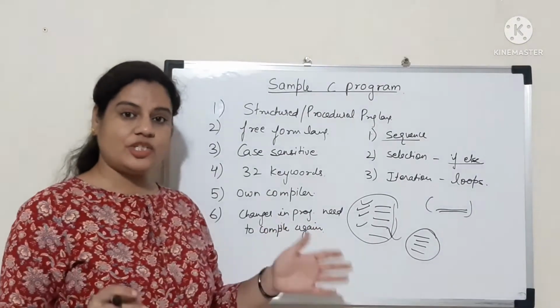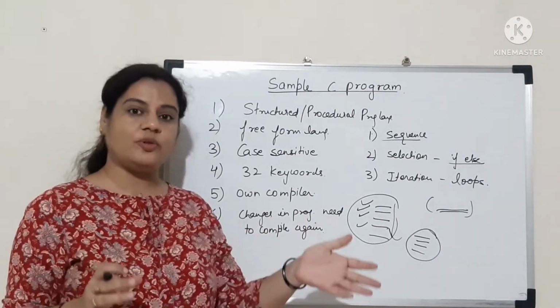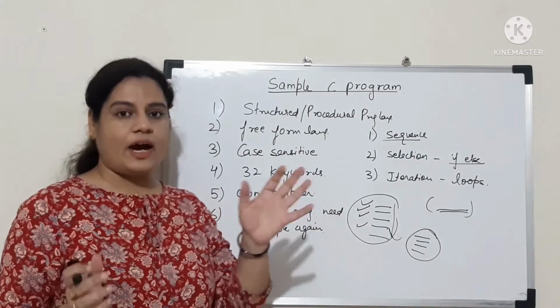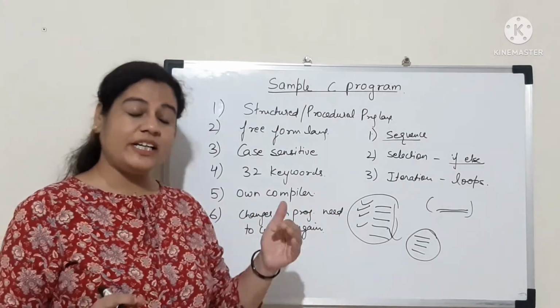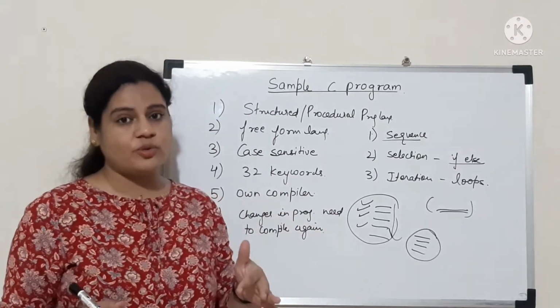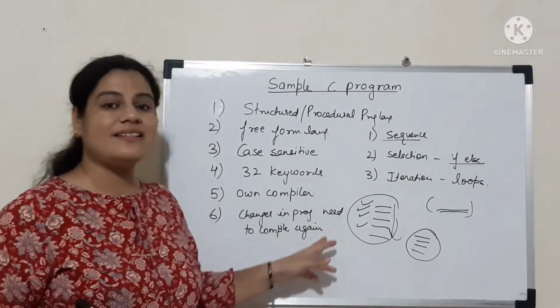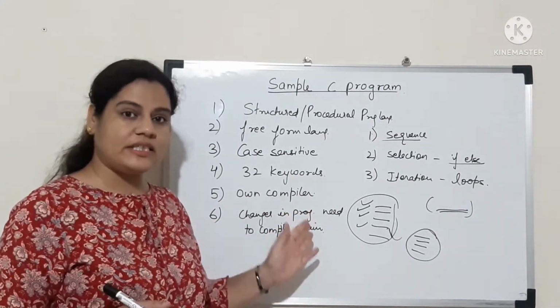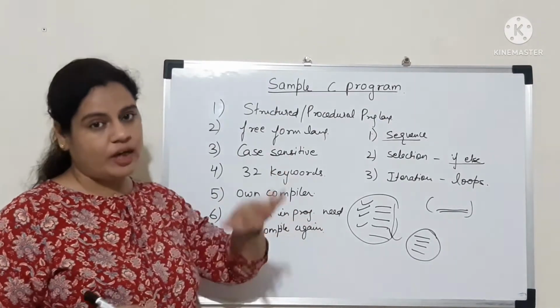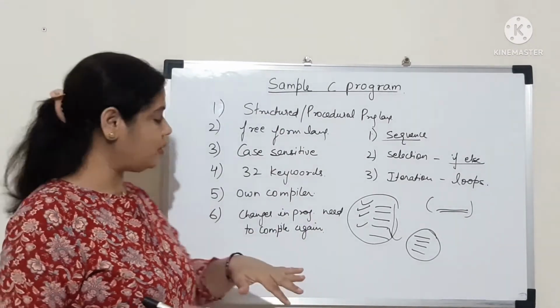Means if you write any source code, you compile it and you execute the program. It will show you the output depending upon your source code. But if you want to change something in your source code, then you need to compile it again so that the changes also convert into the machine language to execute.